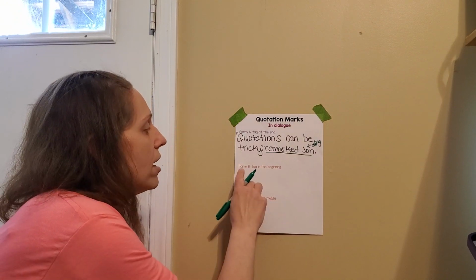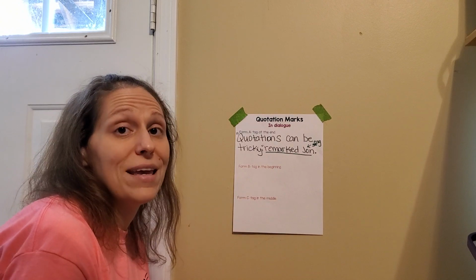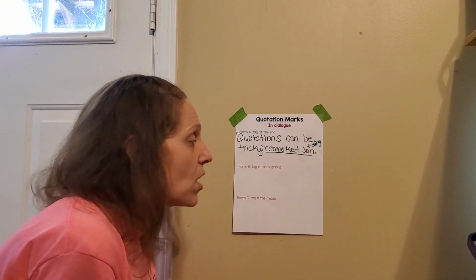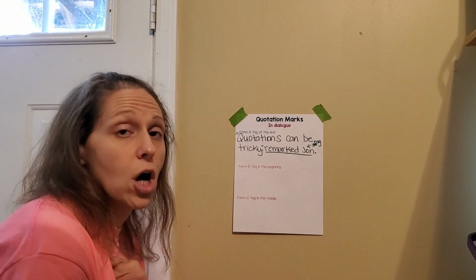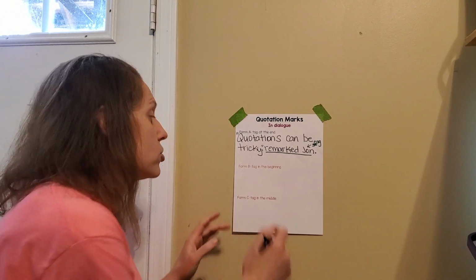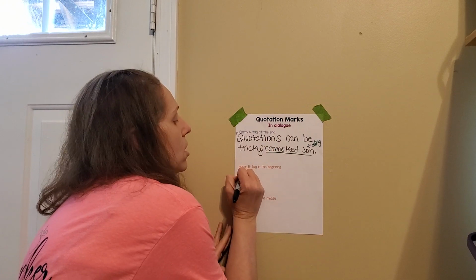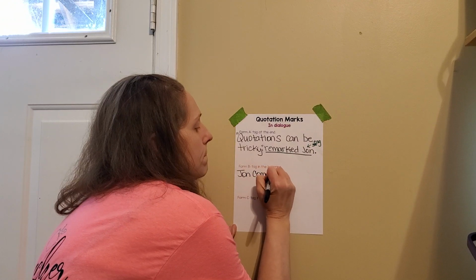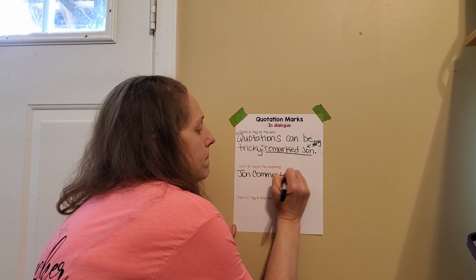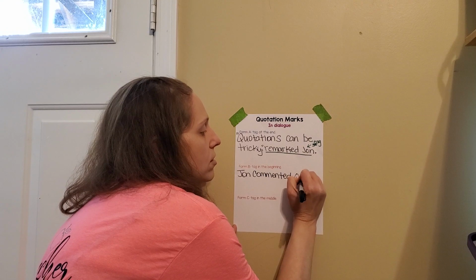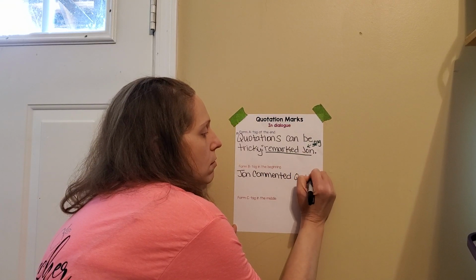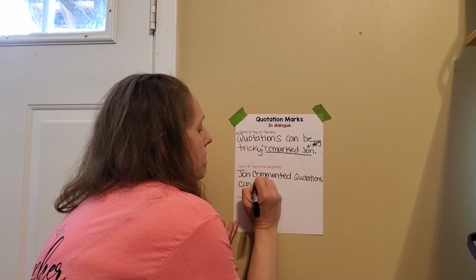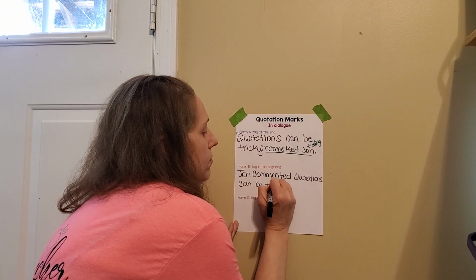Now, if the tag comes at the beginning of the sentence, your punctuation is going to be just a little different. If I'm learning who is talking at the beginning, let's watch. If it said, John commented, quotations can be tricky.